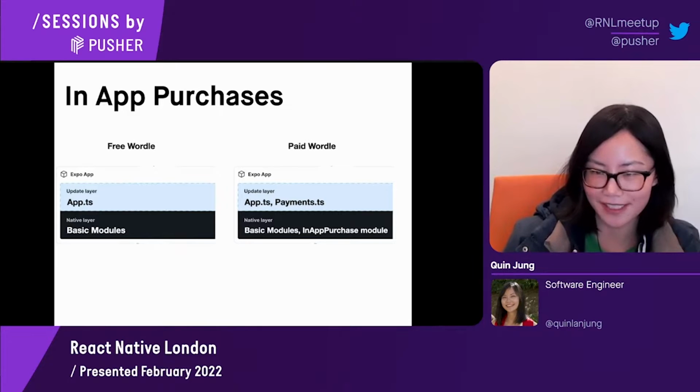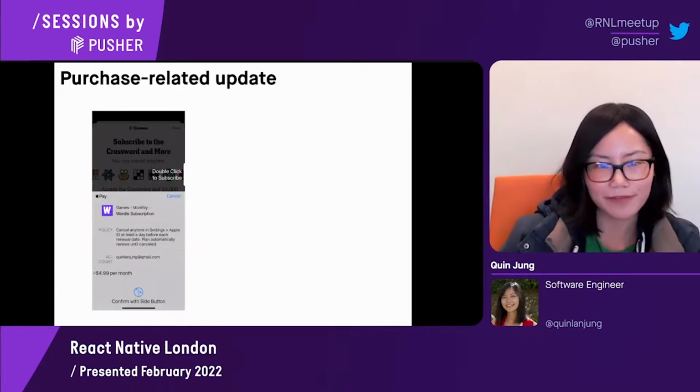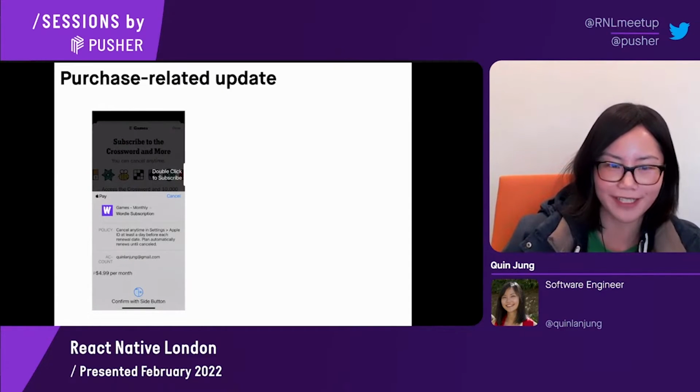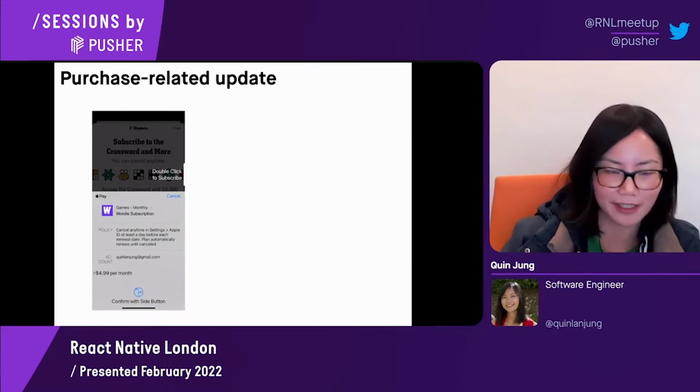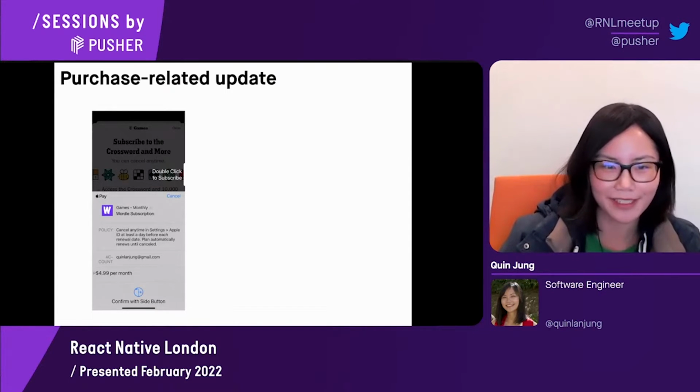And in particular, in the native layer, we've got your native in-app purchase modules. Right. So now that we've got our paid Wordle binary already, it'll allow you to make payments so that people can pay you $4.99 per month for the privilege to play Wordle.